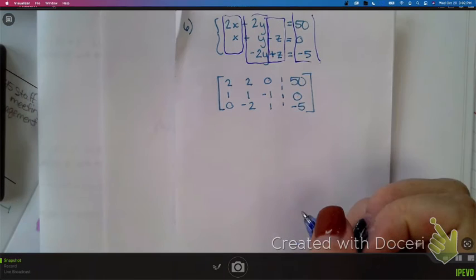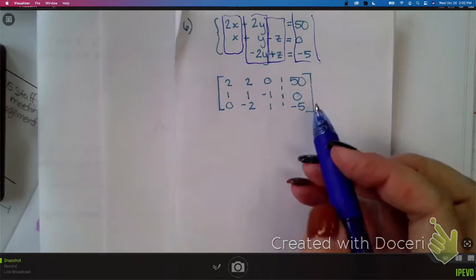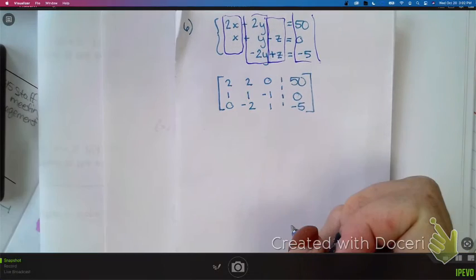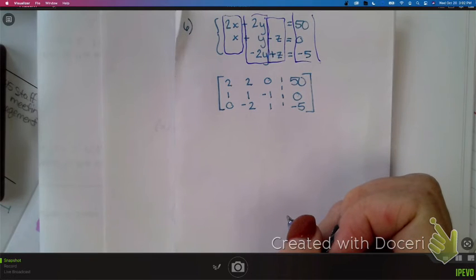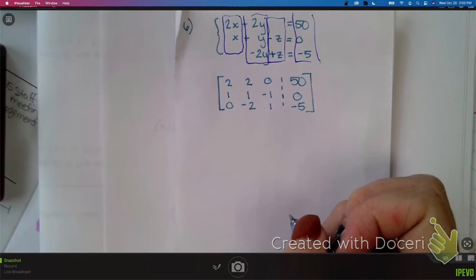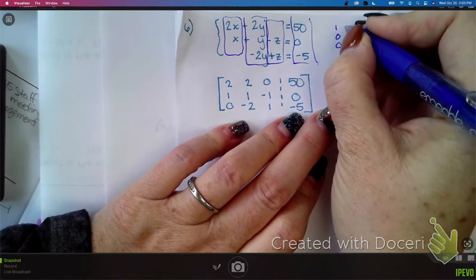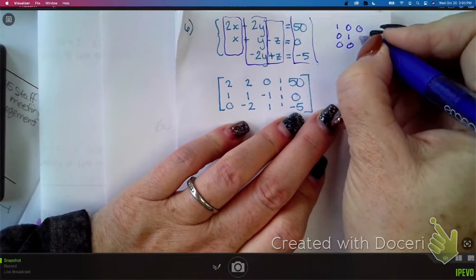So you have to have them in order and pay attention, don't you? So when I wrote it down on my paper, did I leave gaps where needed to be gaps? Yes. And we fill in the gaps with what? Zeros. So our goal here is 1, 0, 0, 0, 1, 0, 0, 0, 1.